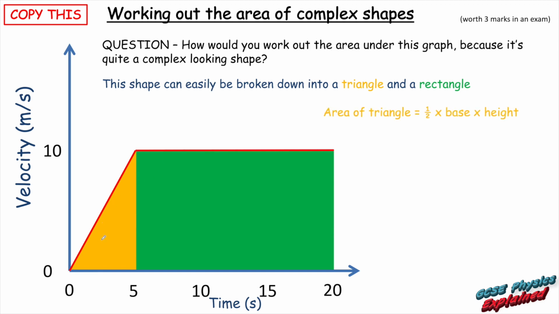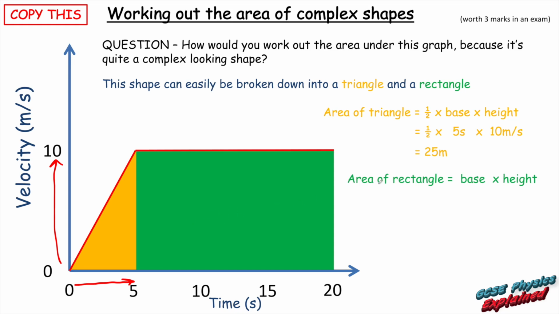So get the area of the triangle, you just do a half times by the base times by the height. So that'll be a half times by 5 times by 10, and that comes out as 25 meters. And then we need to add that to the area of the rectangle, which is a base times by the height. So the base goes from 5 to 20.